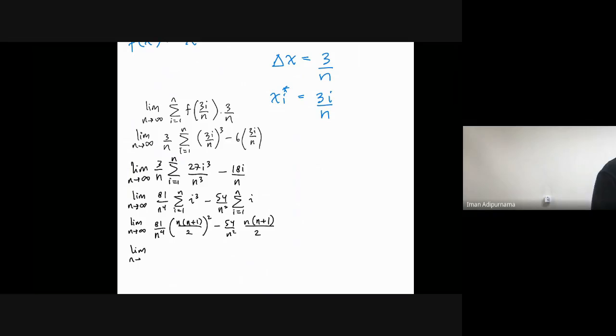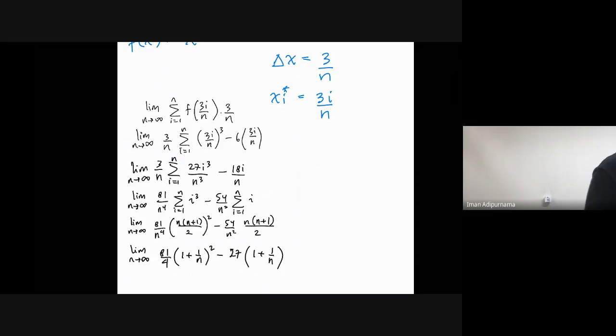So the limit as n approaches infinity. I will move the 4 outside, and it will be 1 plus 1 over n squared. And then this one is 27, and 1 plus 1 over n. Yeah, I think that's correct.